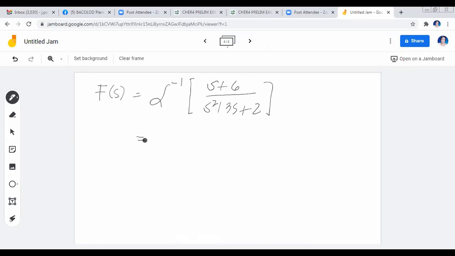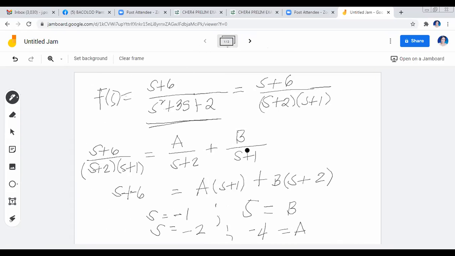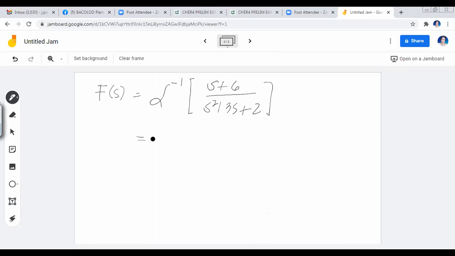Now, the inversion will be carried out per term based on the partial fractions. Your A has a denominator of s plus 2 and a coefficient of negative 4. So the way you write it is negative 4 inverse Laplace of 1 over s plus 2.